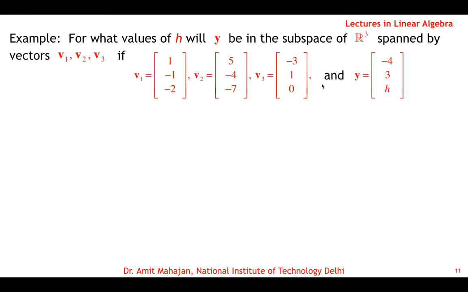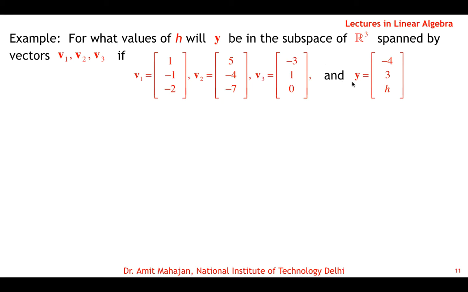If there is a subspace of R3 spanned by these three vectors, we can write that subspace as the span of v1, v2, v3, and for a vector to be in that subspace, it must be a linear combination of these vectors.